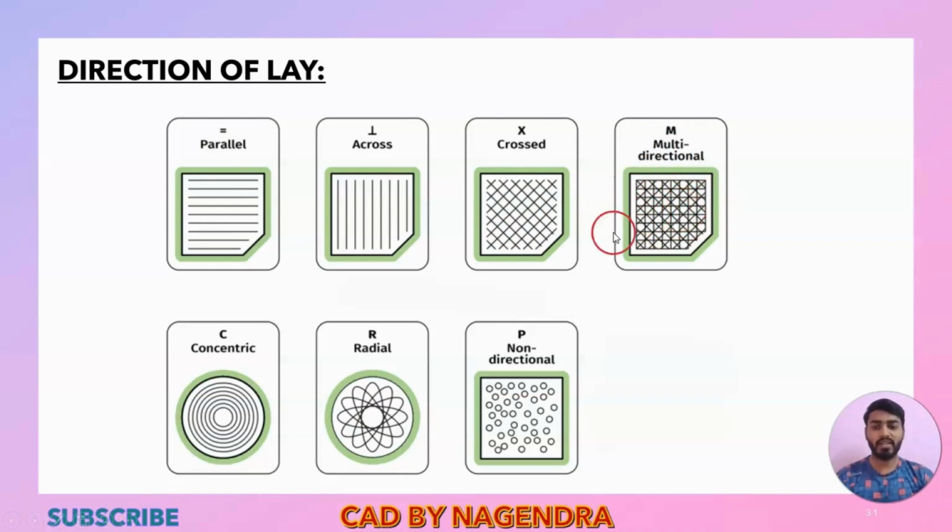Then concentric is used for circular objects. Concentric means exactly with reference to the center point, all in a circular motion we need to maintain the surface roughness. Then radial, in a radial shape we need to maintain. Then non-directional (particulate): wherever we want, we can move the grinding or finishing tool and maintain the surface roughness using this direction of lay.